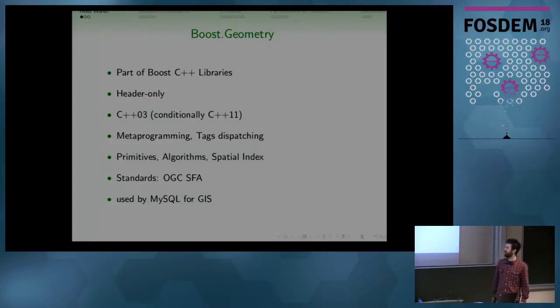It follows the standards of OGC, and it's currently used by MySQL to provide the GIS. So most of the GIS functions, maybe all, that you use in MySQL are calling functions from Boost Geometry.